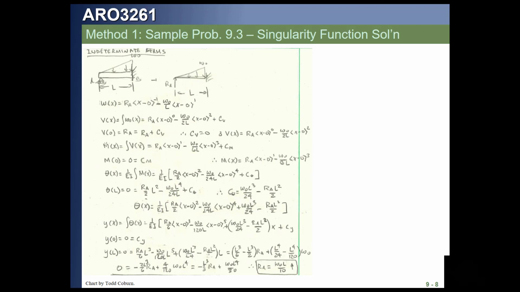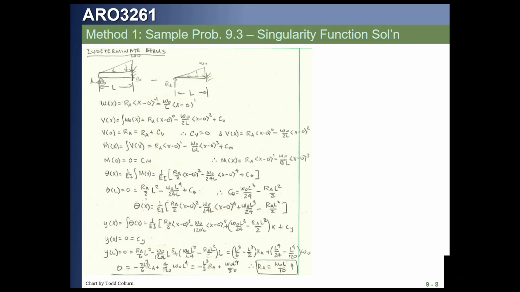We now integrate that to get the deflection. Our coefficient of 2 on the first term goes to 3, throws a 3 into the denominator. Our second term coefficient of 4 goes to an exponent of 5 and throws a 5 into the denominator. And then we have the next two terms, which just get multiplied by x, and a coefficient of integration, Cy.